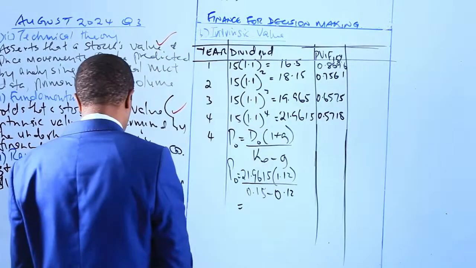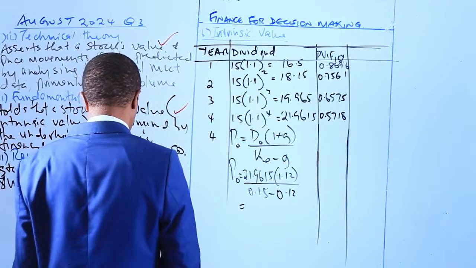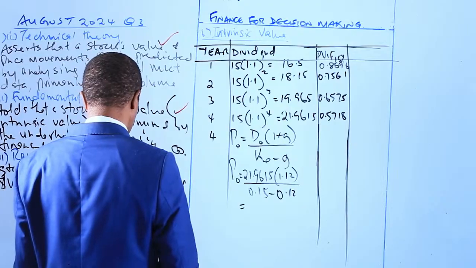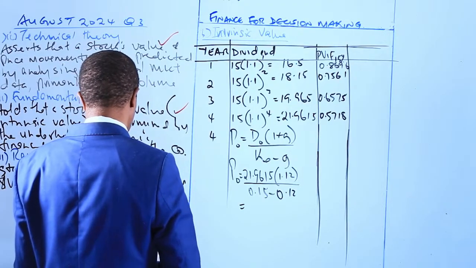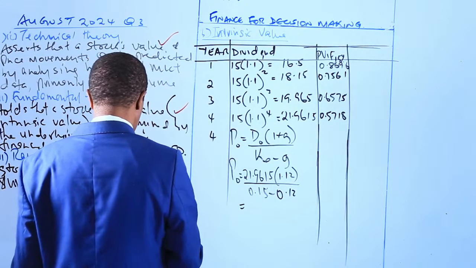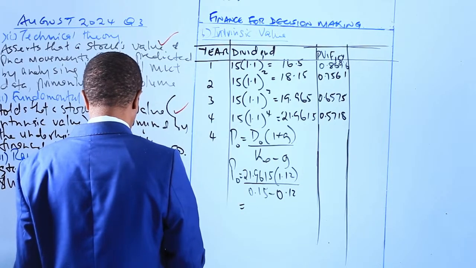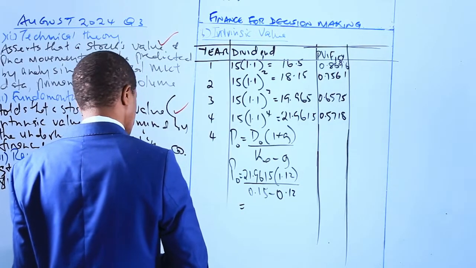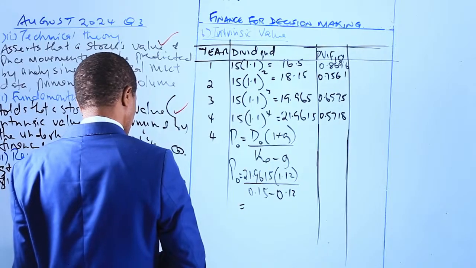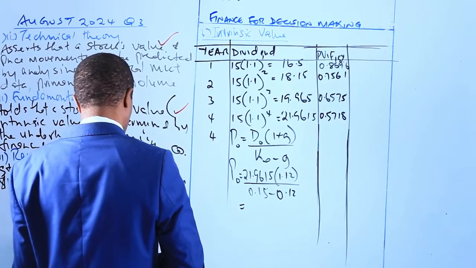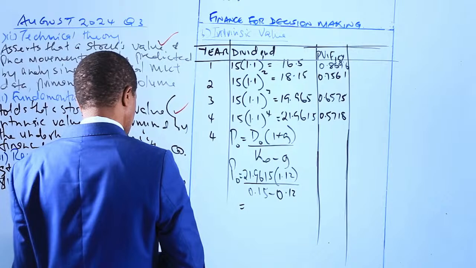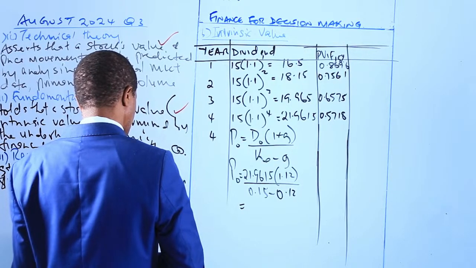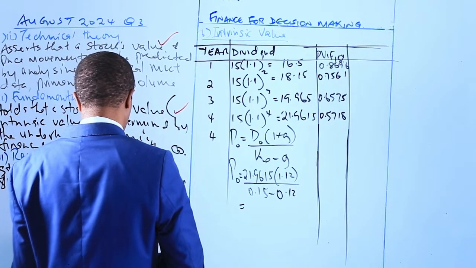So we go to the calculator, get the calculator, punch in these figures. What are we getting? This is 21.96 into 1.12 divide by 0.15 minus 0.12.